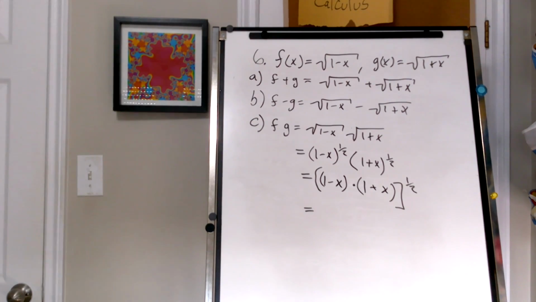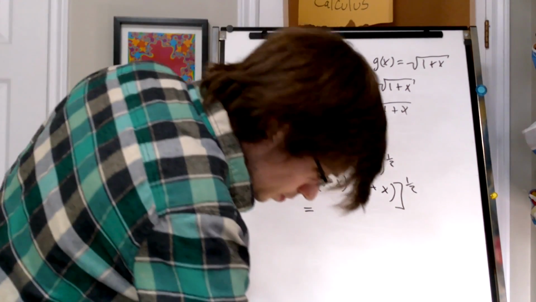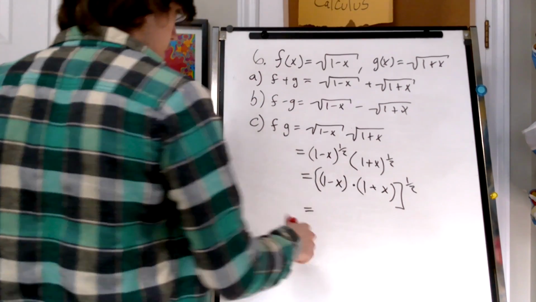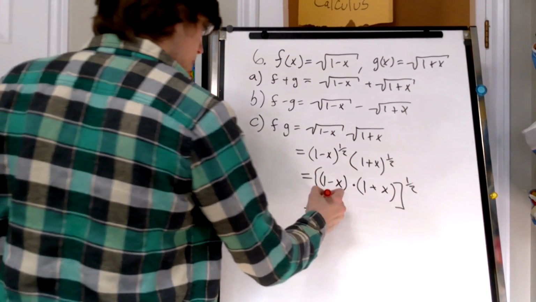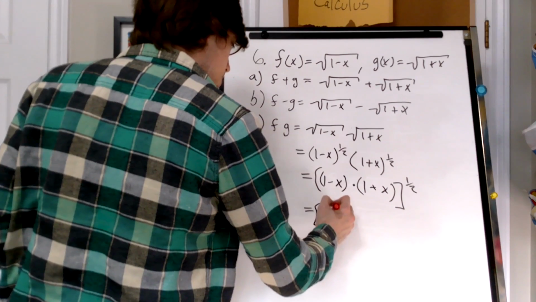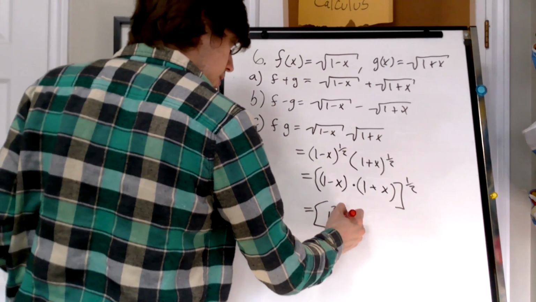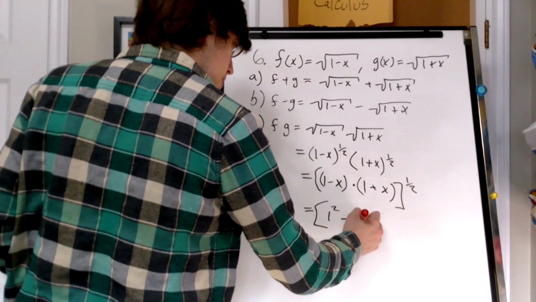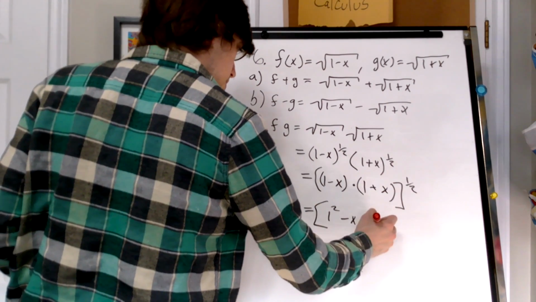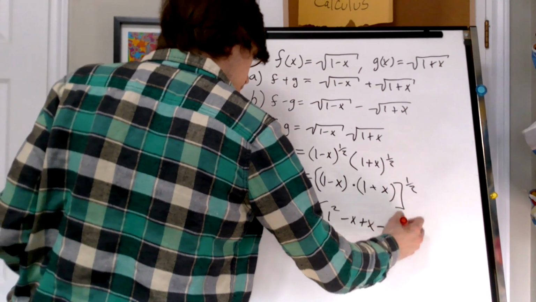Can you do that? Does that make sense? Then we get square root 1 squared, negative x, negative x plus x, negative x squared.